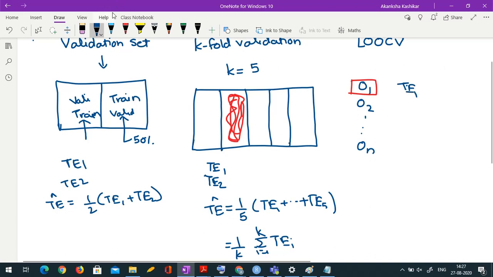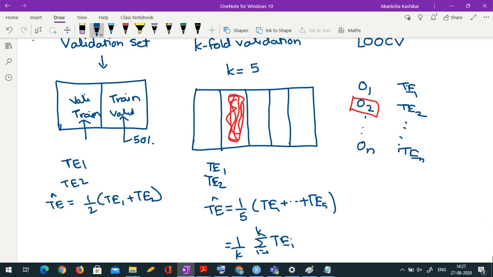In the next iteration I will bring O1 back into the training set, keep O2 as my test observation, and fit the model again on the basis of the remaining, and get the test error on the basis of this. So we go on doing this n times, and my final estimate of the test error can again be the average.